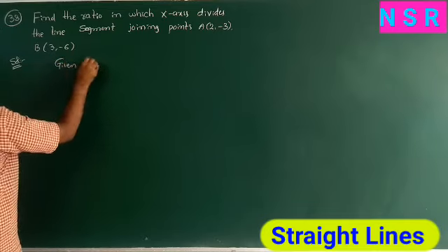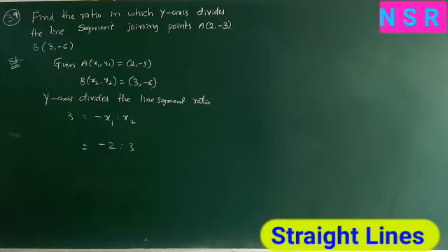Here the y-axis divides in the ratio minus x1 is to x2. Here x1 value is 2, so minus 2 is to x2 value 3. So the ratio in which the y-axis divides the line segment is minus 2 is to 3. So for the x-axis the ratio is minus y1 is to y2 and for the y-axis the ratio is minus x1 is to x2.